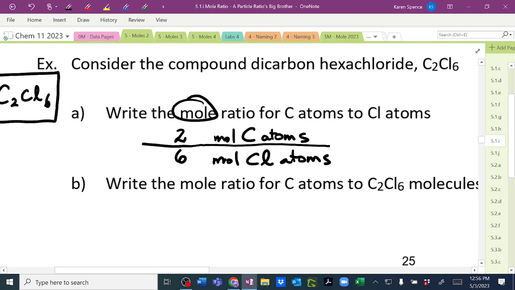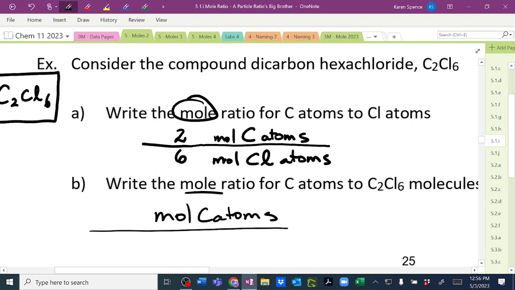What would be the ratio for the moles of carbon atoms, because we're doing the mole ratio here, to the moles of C2Cl6 molecules?